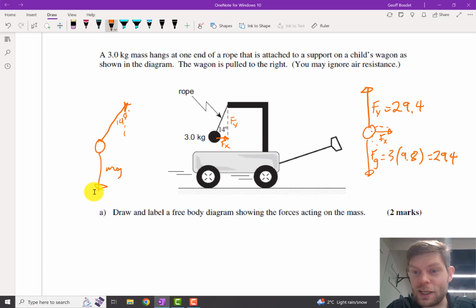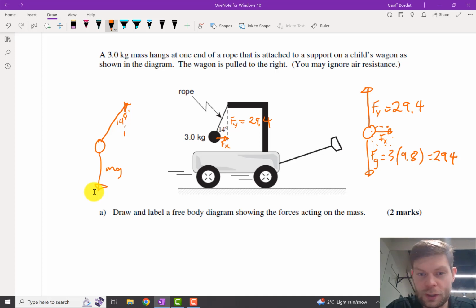But this guy isn't canceled at all. This is your net force. And you can solve for it because you know this guy is 29.4 to cancel out gravity, and you've got an angle. So you could just use tangent. You've got the adjacent side. You want the opposite side.